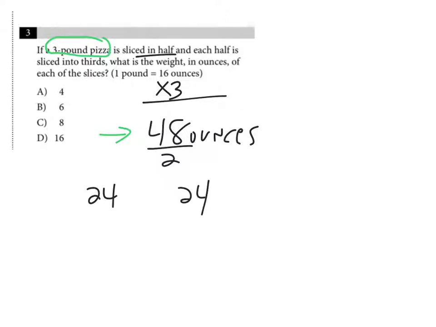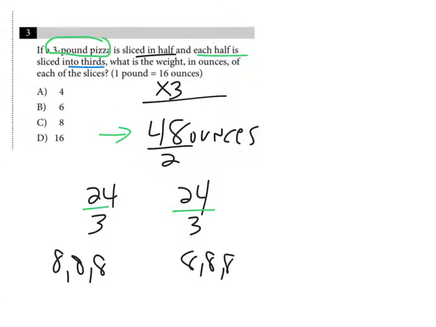And then it says each half, so each 24, is sliced into thirds. So each 24 is going to be sliced into thirds. The question is, what is the weight in ounces of each of the slices? In this case, each slice is 8 ounces.